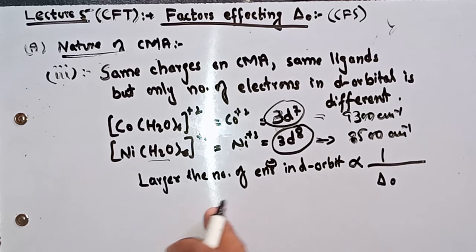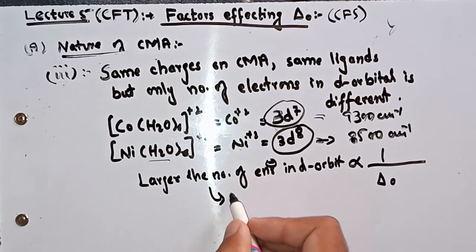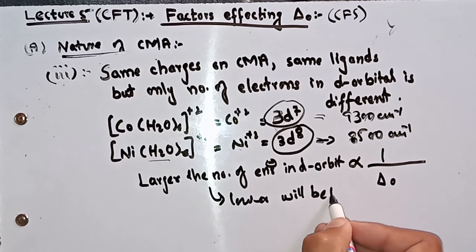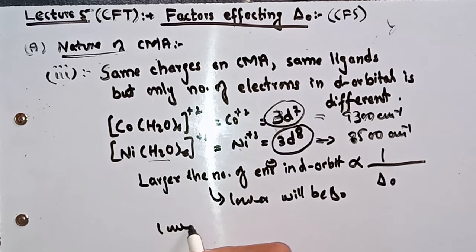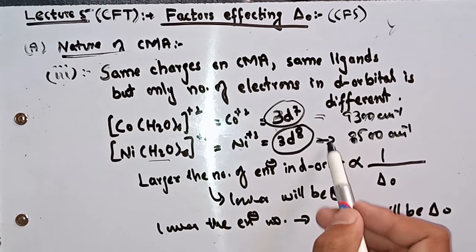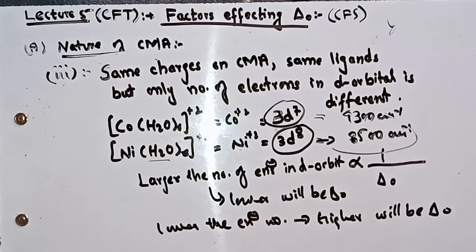So the larger the number of d electrons, the lower the del naught; the lower the electron number, the higher the del naught, as you see here.